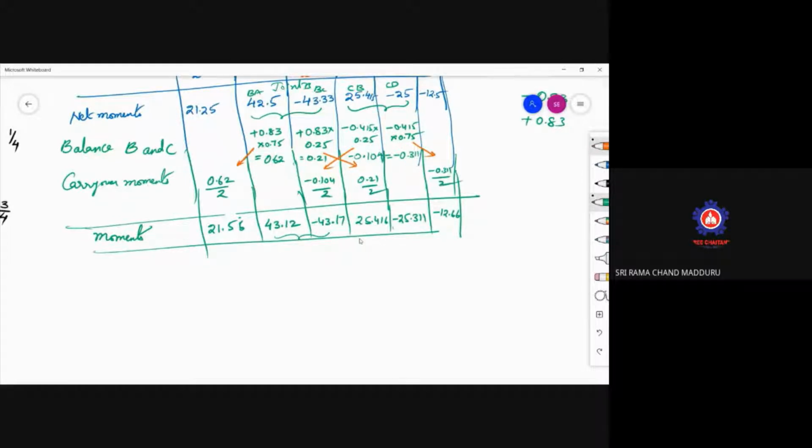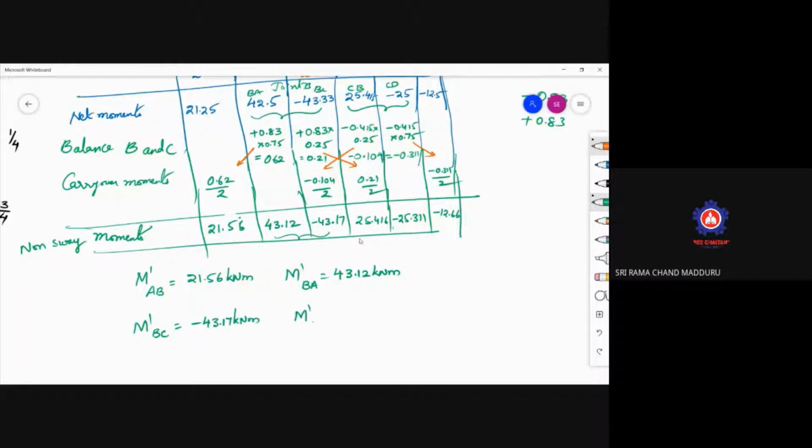M dash AB is equal to 21.56 kilonewton meter. M dash BA is equal to, I am not writing final moments. Why? Because these are non-sway moments only. They are not sway moments. M dash BC is equal to minus 43.17 kilonewton meter.